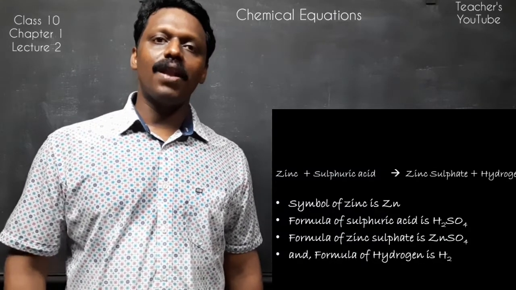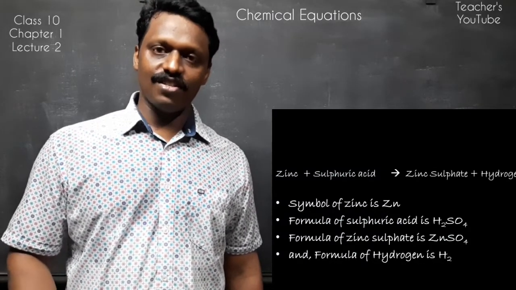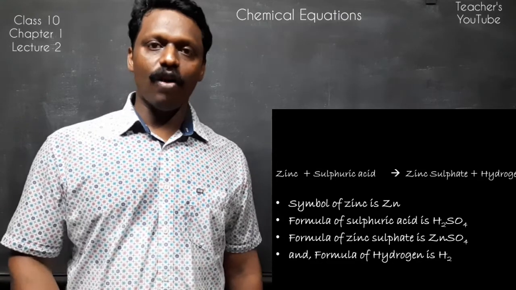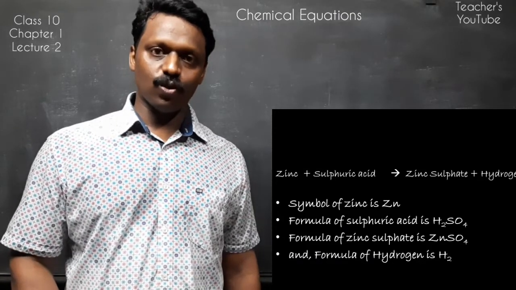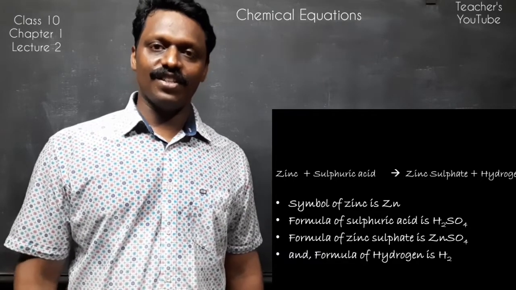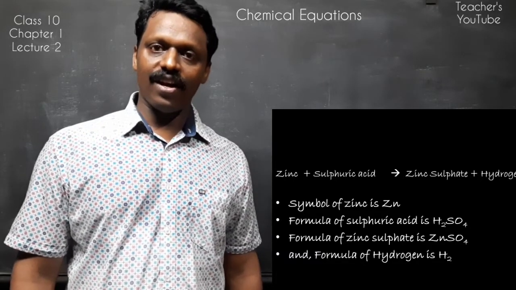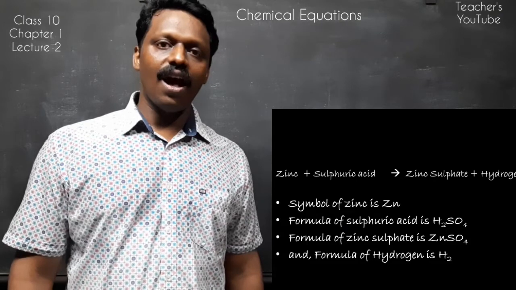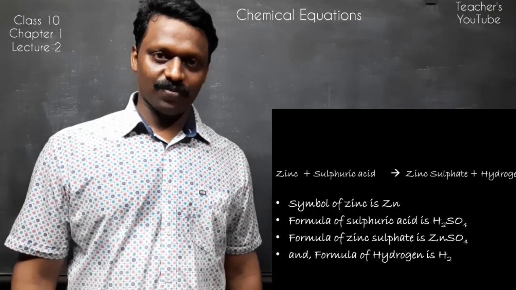Now, symbol of zinc is Zn, formula of sulfuric acid is H2SO4, formula of zinc sulfate is ZnSO4, and formula of hydrogen is H2.